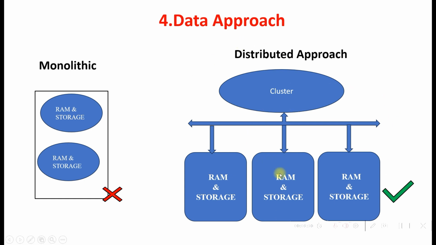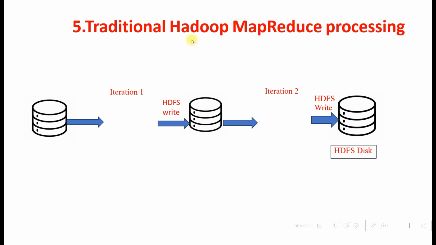So that's why Databricks uses the distributed approach, because it processes massive data sets efficiently using a Spark cluster. Instead of one machine doing all the work, multiple machines handle different parts of the data, making it super fast.